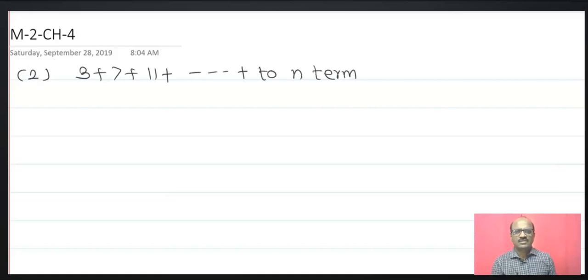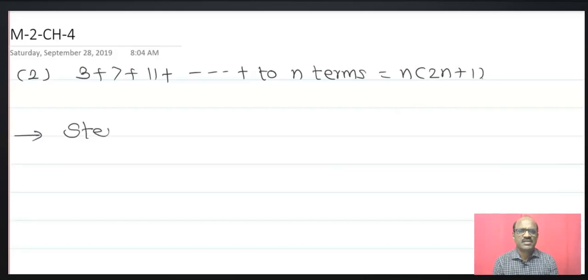Now the second problem. That is 3 plus 7 plus 11 plus dash dash plus up to n terms, equal to n in bracket 2n plus 1. Now step number 1, and it is called the foundation.